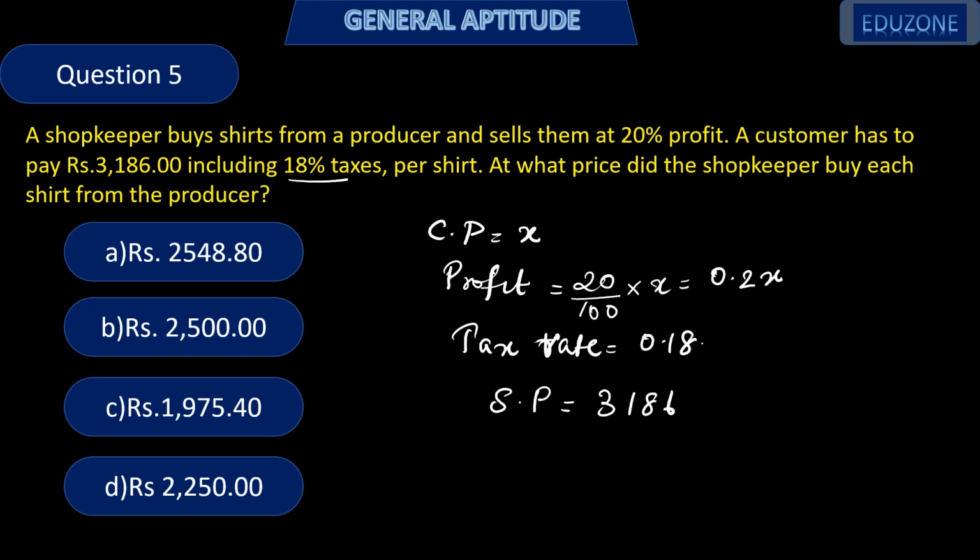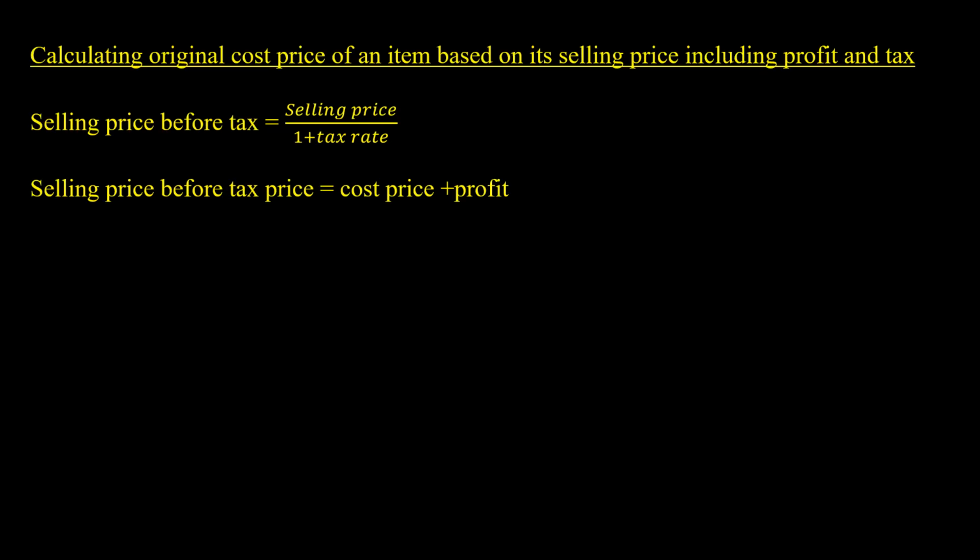So in this case we have to find the cost price when the selling price, tax rate and profit are given. These are the equations: selling price before tax is selling price divided by 1 plus tax rate, and selling price before tax is calculated as cost price plus profit.